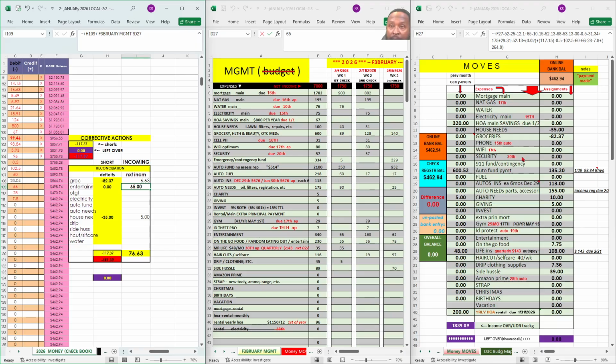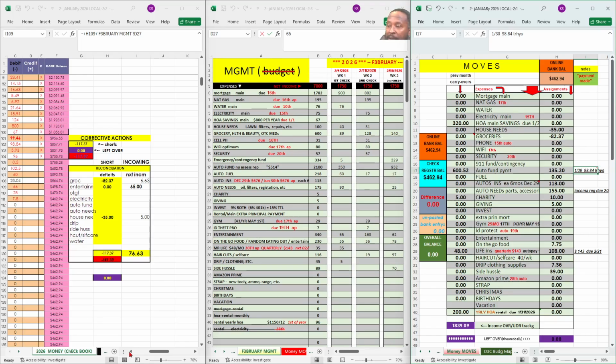Now, what about the other deficits? What about this $35? All right. Since I have a note here, see this note that I made saying on a particular day, which has actually passed, but the transaction hasn't come through on the bank statement yet. Oh no, it did come through.